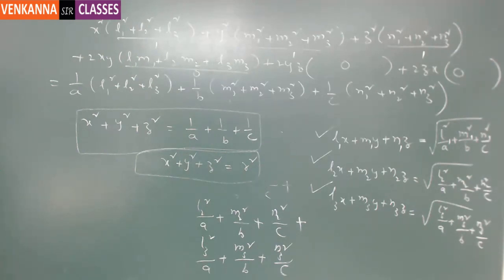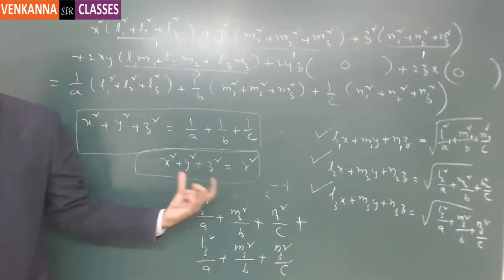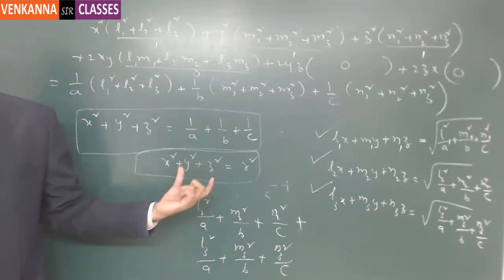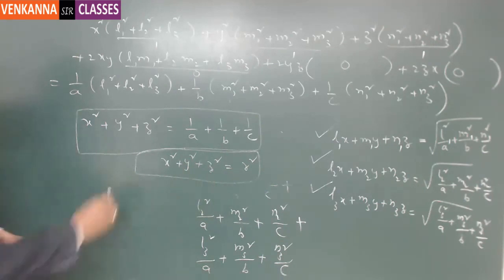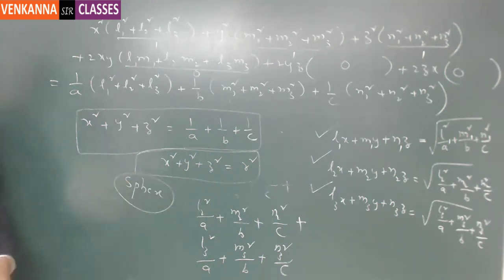Say. So this kind of locus results in what for us? This kind of locus we call by the name sphere. Agreed?